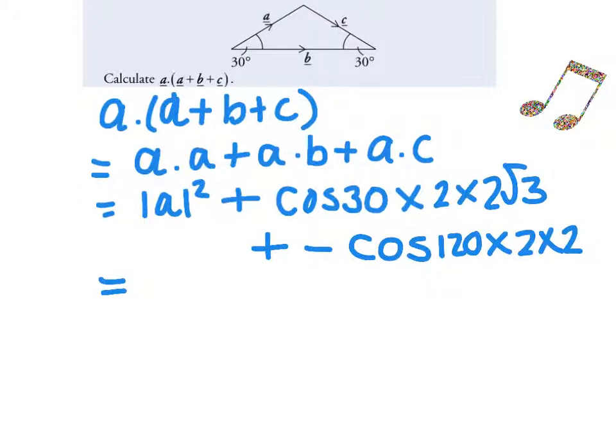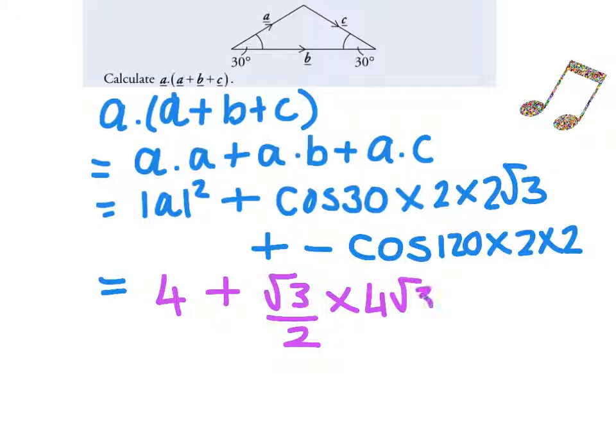So the magnitude of A squared, well, the magnitude of A is 2, so that's going to be 4, plus the cosine of 30 is root 3 over 2, multiplied by 2 times root 3, which is 4 times root 3, plus minus cos 120. Now cos 120 is negative a half. So I'm adding negative a half, which means I've got plus a half times 4.